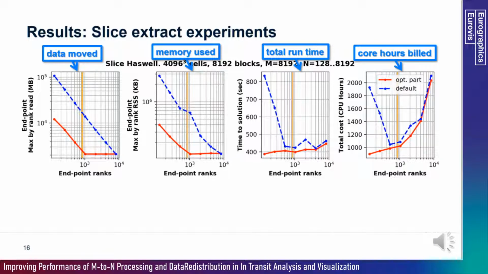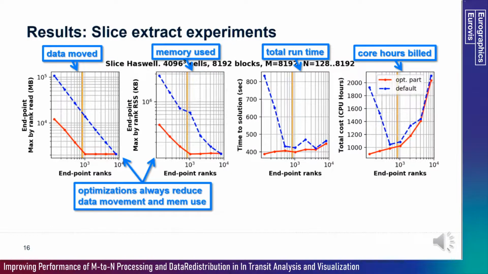Results obtained with the optimized partitioner are shown in red, and the default partitioner in blue. The horizontal axis again shows the level of endpoint concurrency n, varying from 128 up to 8192. Again, the simulation mesh is fixed at 4096 cells cubed, with m equals 8192 simulation ranks.